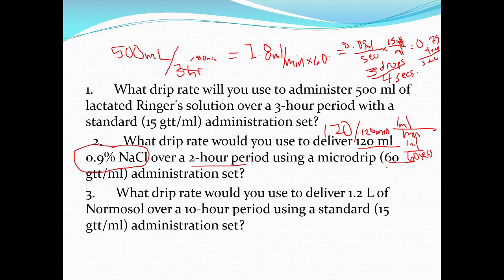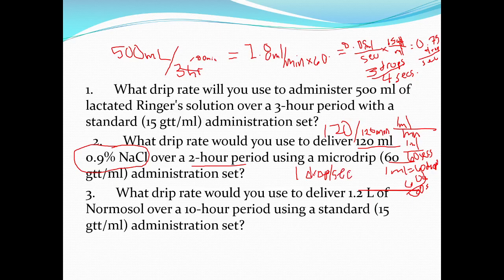If we know that 1 mil equals 60 drops, that means we're doing 60 drops every 60 seconds. That's 1 drop per second.